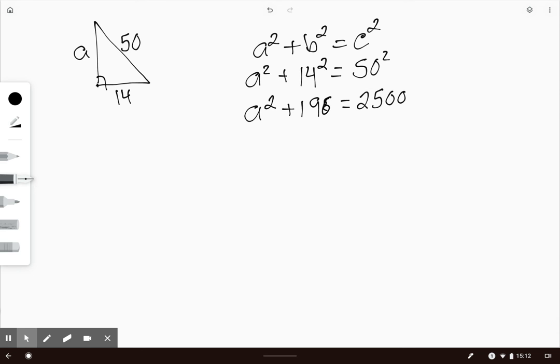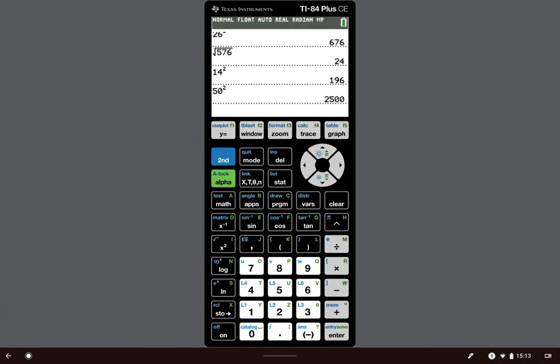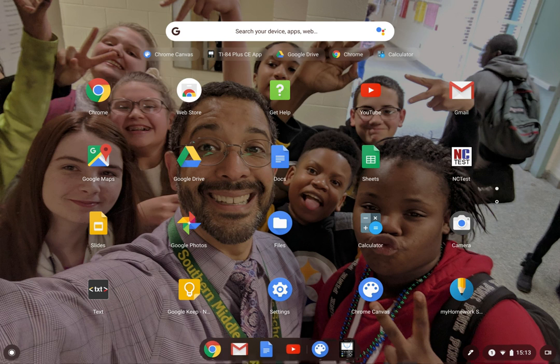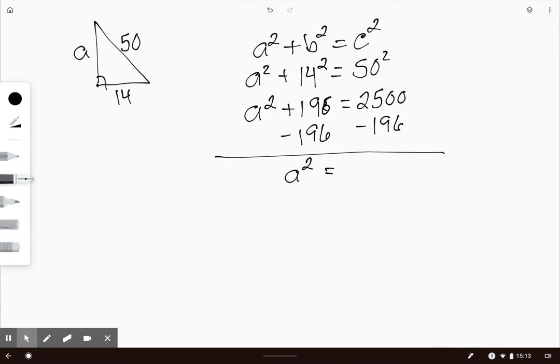All right, so I have A squared plus 196 equals 2,500. So now I'm going to subtract 196 from both sides. So that gives me 2,304. Now I find the square root of both sides.